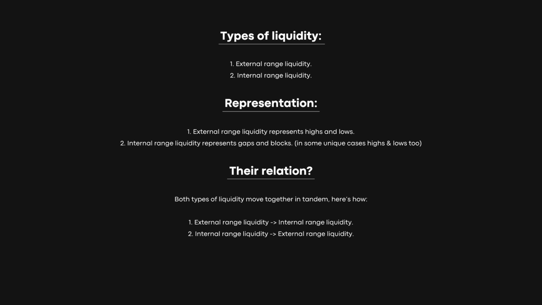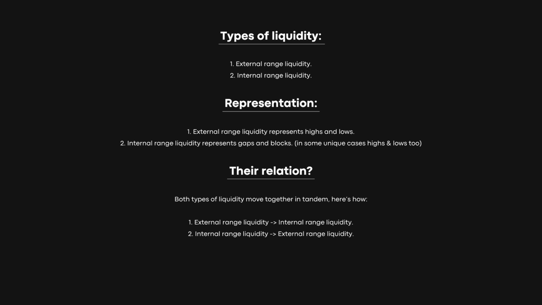And this relationship is super important because once you understand it, you'll know exactly what to expect when certain things happen. For example, if price just took out a high in the form of an external range liquidity, you don't assume it will immediately take out another one, right? Instead, you look for an internal range liquidity or IRL fill, maybe a fair value gap, maybe an order block test, and so on, right?